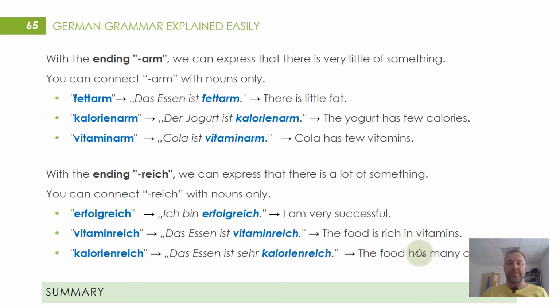So you can translate this a little bit here to English, because reich means rich, so it's always rich in something. Rich in success doesn't make too much sense in English, but rich in vitamins. Kalorienreich, das Essen ist sehr kalorienreich, the food has many calories, is rich in calories, so it has a lot of calories. It simply expresses there is a lot of something.